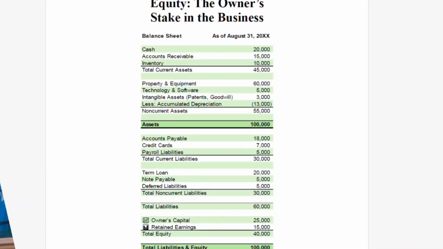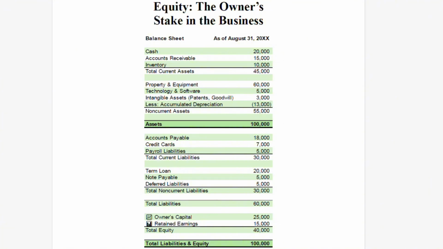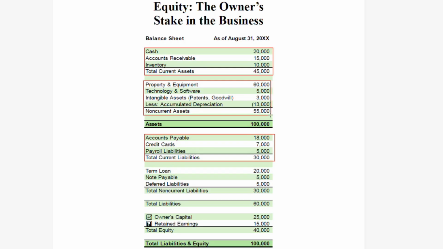So before we get to that part though, let's just do a little bit of a recap of where we have gone so far. We've covered current assets. We've covered current liabilities. We've covered non-current assets. We've covered non-current liabilities. And you know what? I'm going to include the total liabilities in there too.